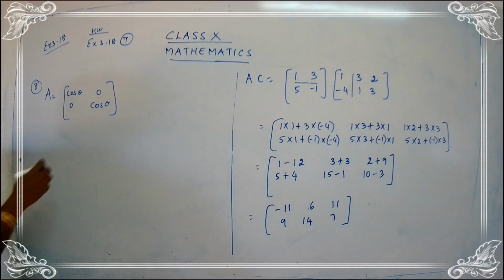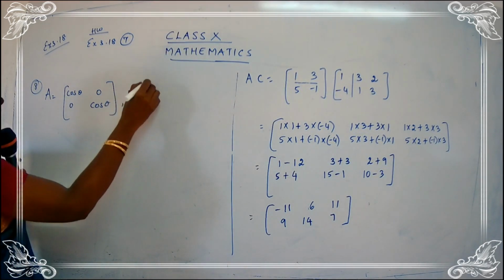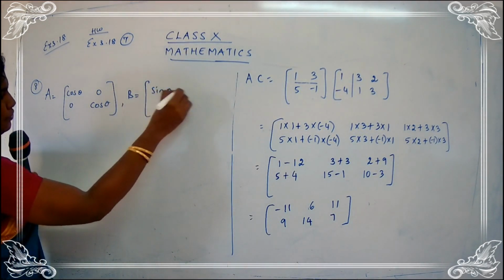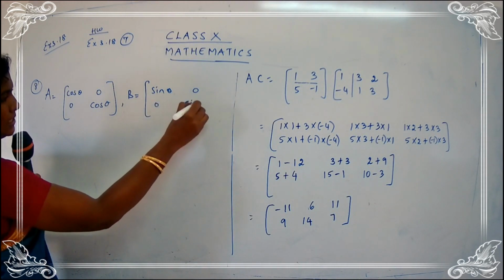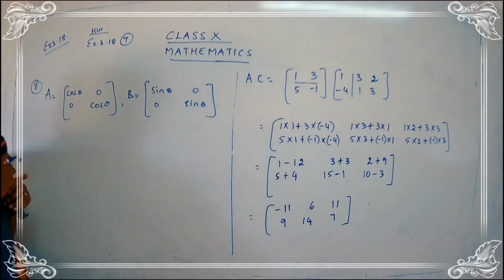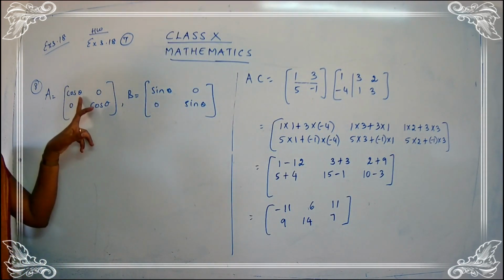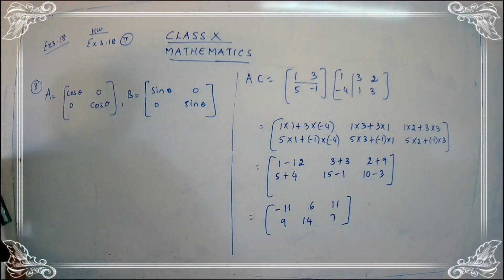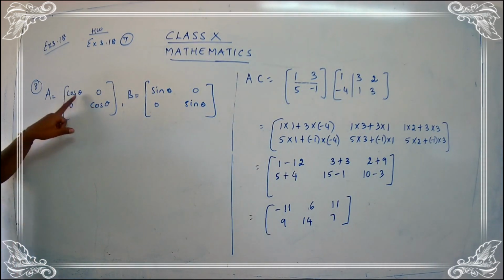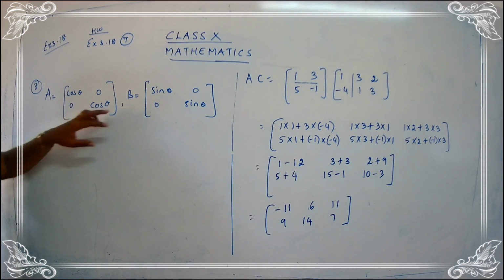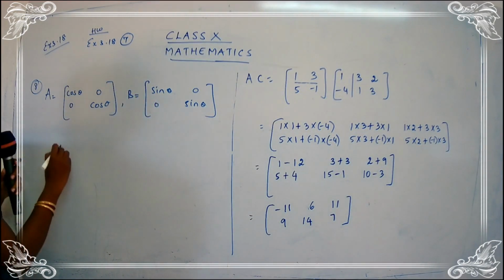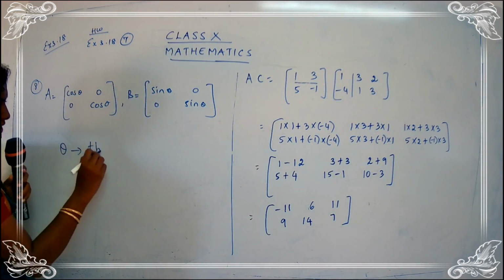And B is equal to sin theta 0, 0 sin theta. We have already used this theta in our 9th standard, children. Cos theta, cos theta, sin theta, you have to read as theta. T-H-E-T-A, theta.